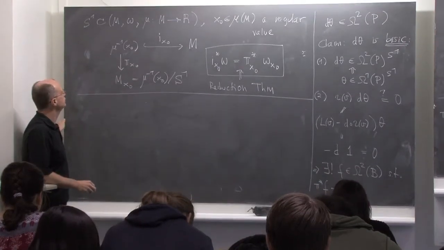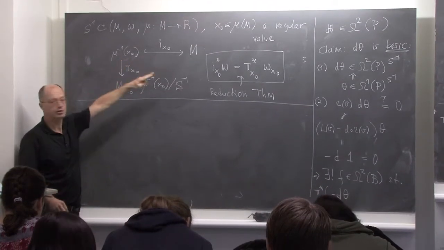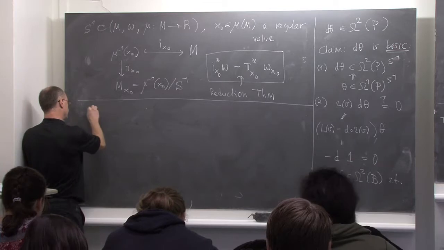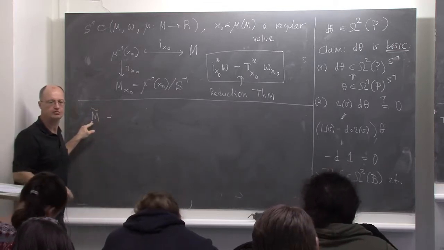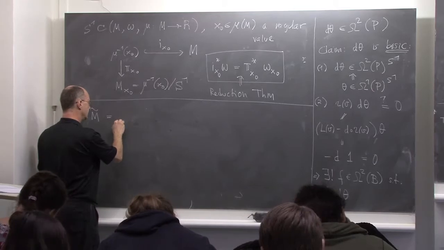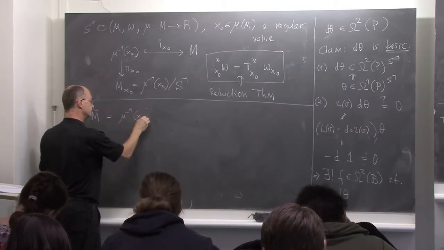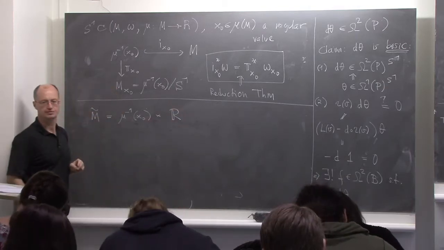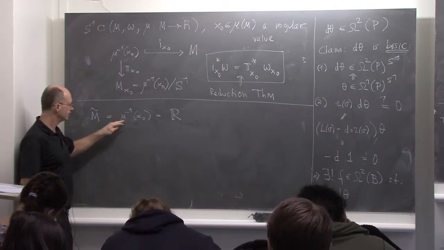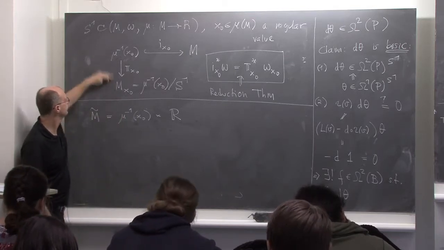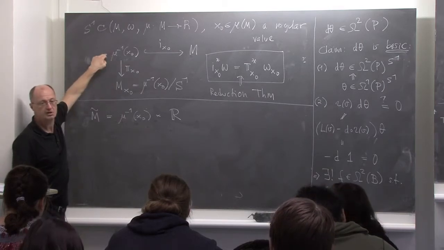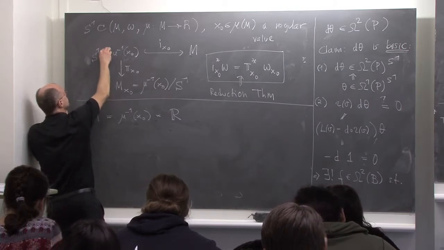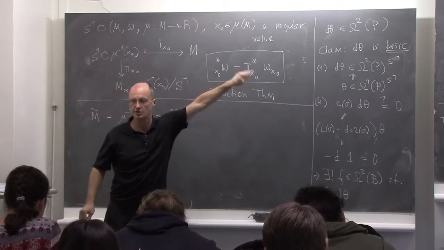So I would like to build a simpler local model of M near the level set. The idea is as follows. Let's consider a new manifold, M tilde, and this will be just our level set times R. Let me recall that this projection is exactly a principal S1 bundle, so this is an example of the construction that we were discussing before.